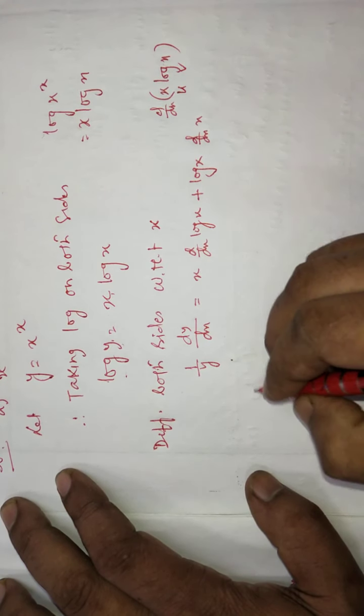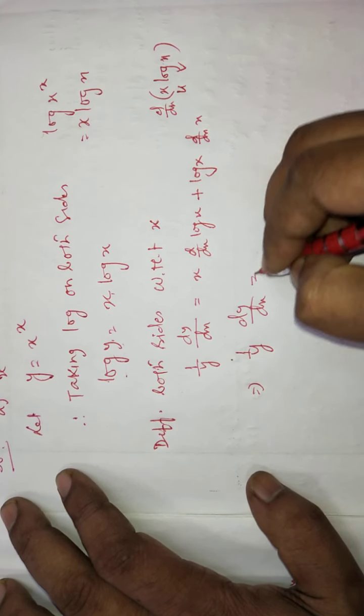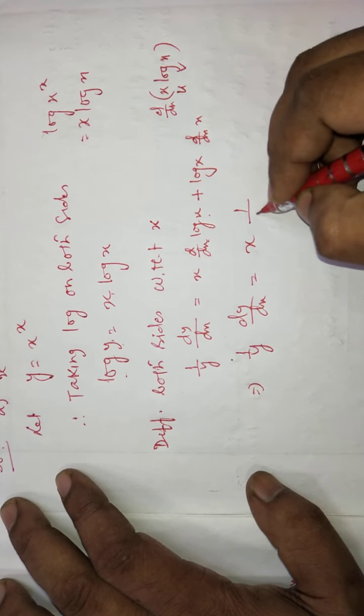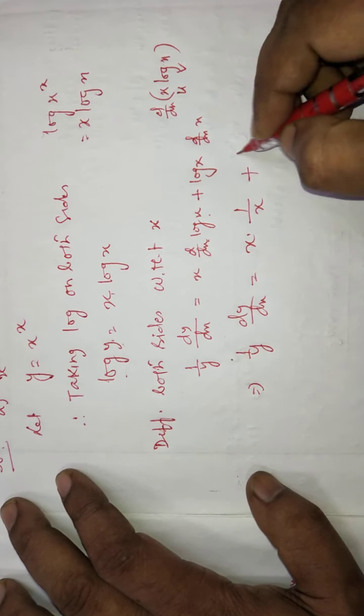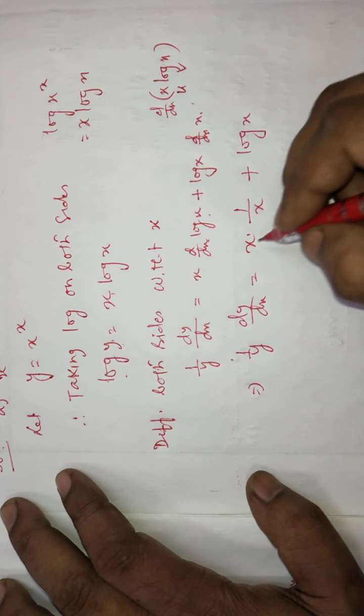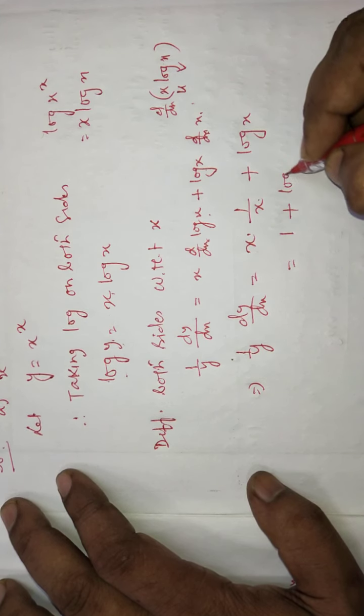Finally you get 1 by y into dy by dx. What is d/dx of log x? You know d/dx of log x is 1 by x, and d/dx of x is 1. Log x into 1 is equal to log x. So the x cancels, 1 plus log x.